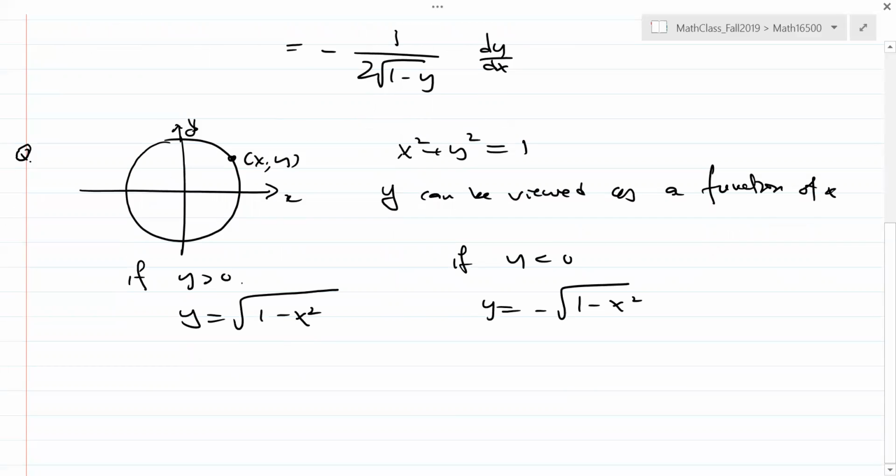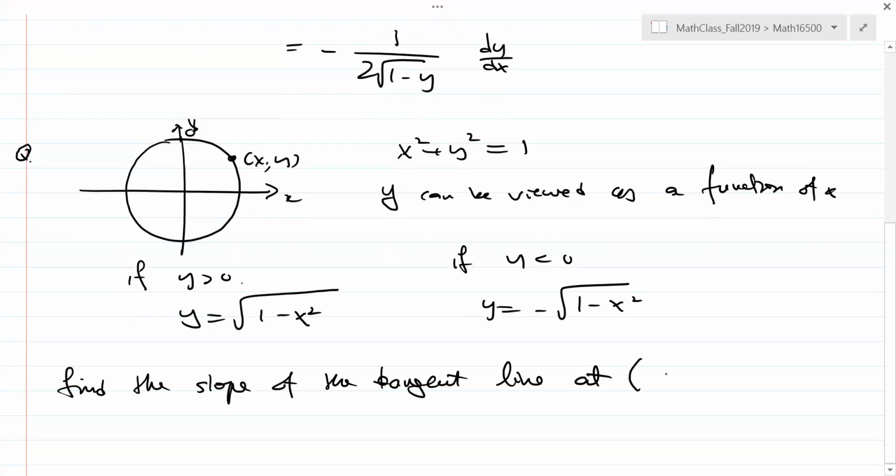All right, so let's try to find the slope of the tangent line at one particular point. So this first point is 1/2 and the square root of 2.